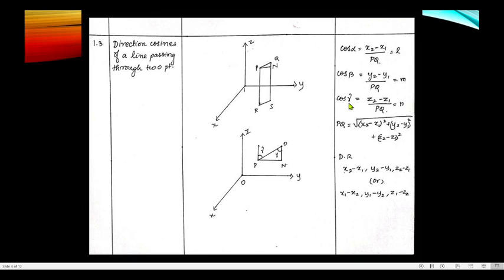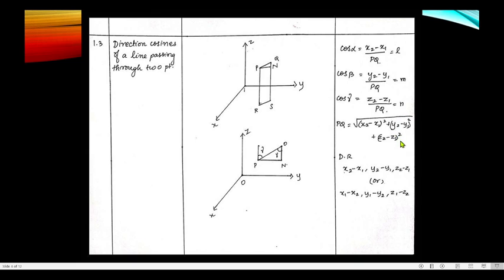Cos alpha is equal to L, and L is equal to x2 minus x1 divided by PQ, because cos alpha is adjacent by hypotenuse. Referring to the diagram, we have written x2 minus x1 divided by PQ. Cos beta is equal to y2 minus y1 divided by PQ, which is equal to M, and cos gamma is equal to z2 minus z1 divided by PQ, which is equal to N.